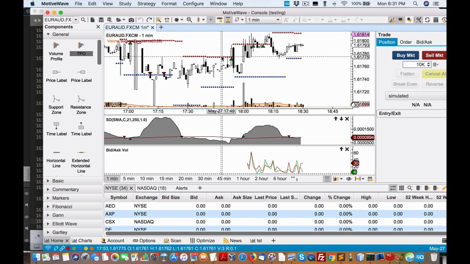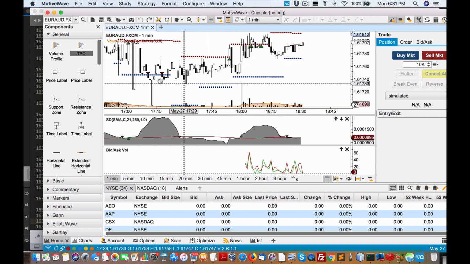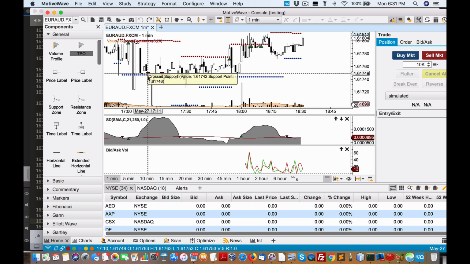So I'm kind of seeing what these mean, and you can also see here in this price, here and here, where it broke down and moved below these support lines. So this is what these signals mean: when you're using the support and resistance, if it breaks through the support, that's your entry. Now if you're using it for short, this is your short right here for an entry there.